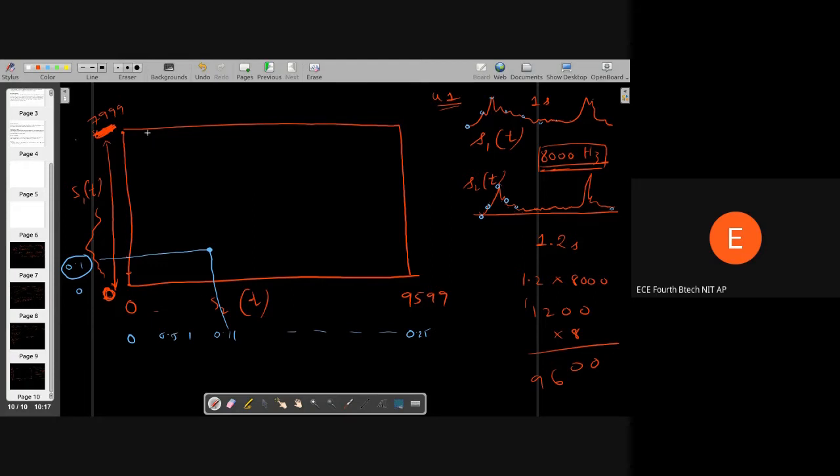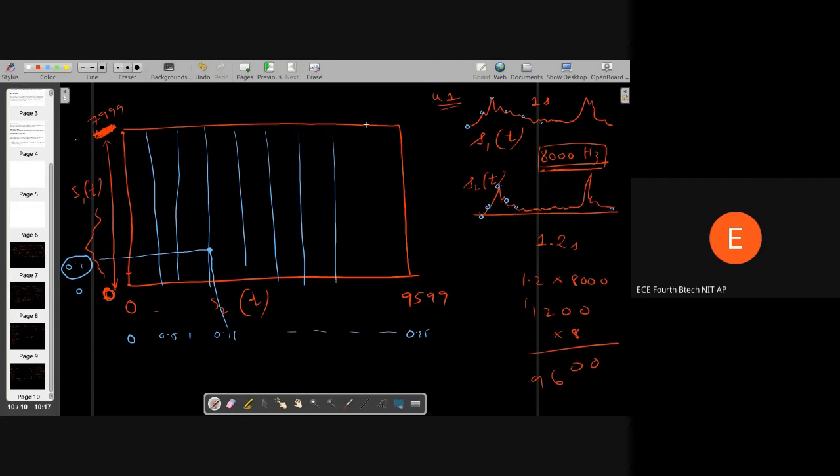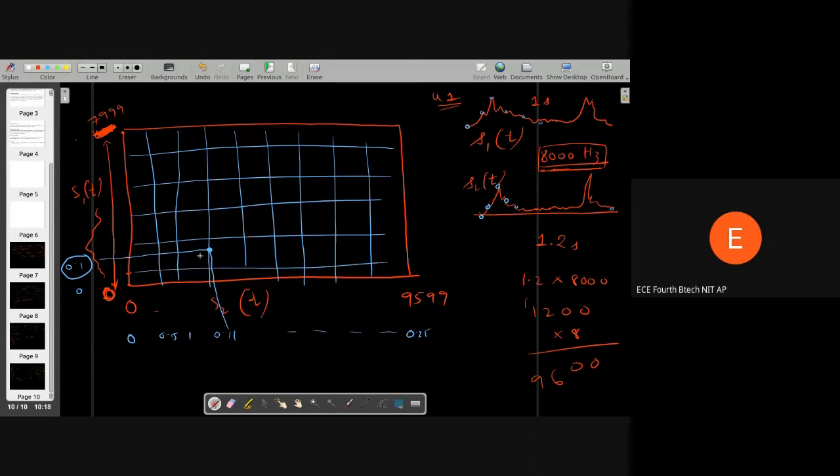So indirectly you will form a big matrix. What will be the size of the matrix? Sorry, 8,000 into 9600 in this specific example.